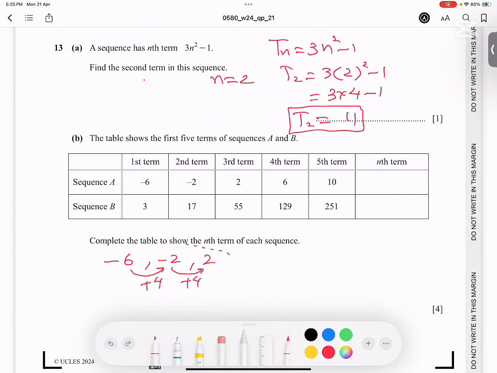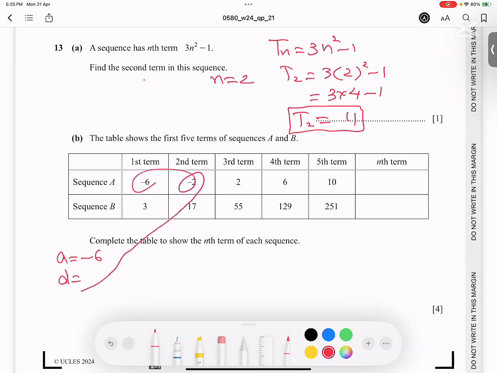So +4, +4, +4. How to do this kind of sequence? The first term is A. Common difference, how I got it: I can do any term minus the previous, no problem. -2 minus -6, I get +6... and I got 4.